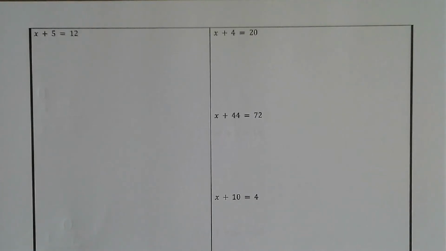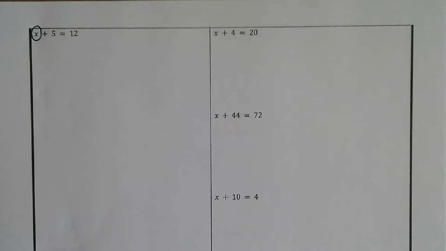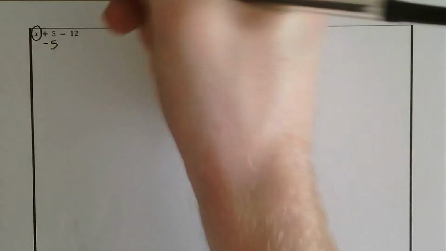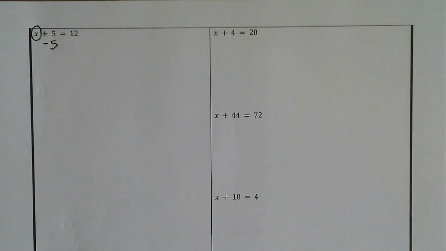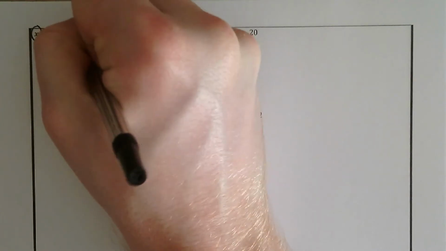Our next question is x plus 5 equals 12. Again, I want to isolate x to be completely by itself, so I need to get rid of the plus 5 that is also on the left side of the equation. To get rid of plus 5, we need to do the opposite operation, which is to subtract by 5. We also need to do that on the right hand side, so I'll write take away 5 underneath 12.